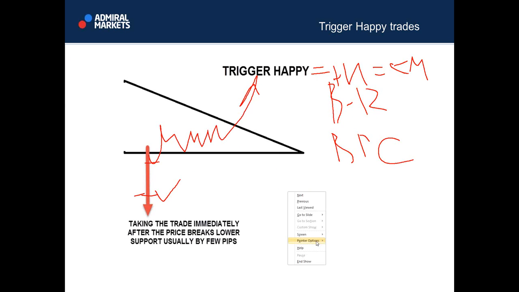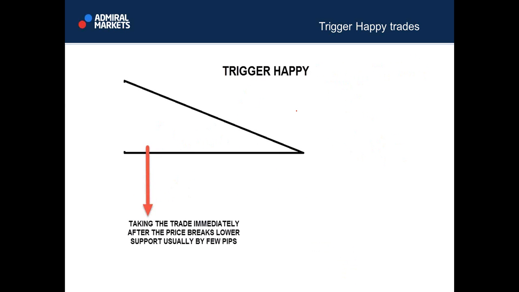So that is why I usually give you advice about trading those chart patterns. Triggerhappy trades, yeah, they can be good. But if you spot a descending flat bottom triangle, you should try to take a short entry. I'm not saying that this flat bottom descending triangle cannot give us a long trade.